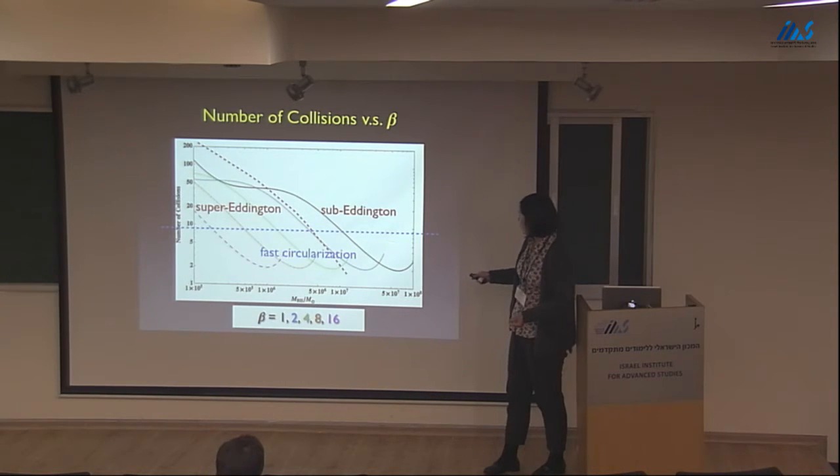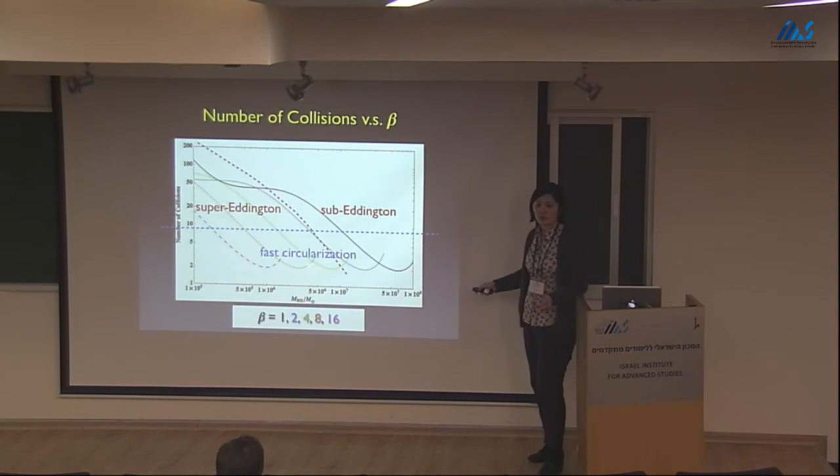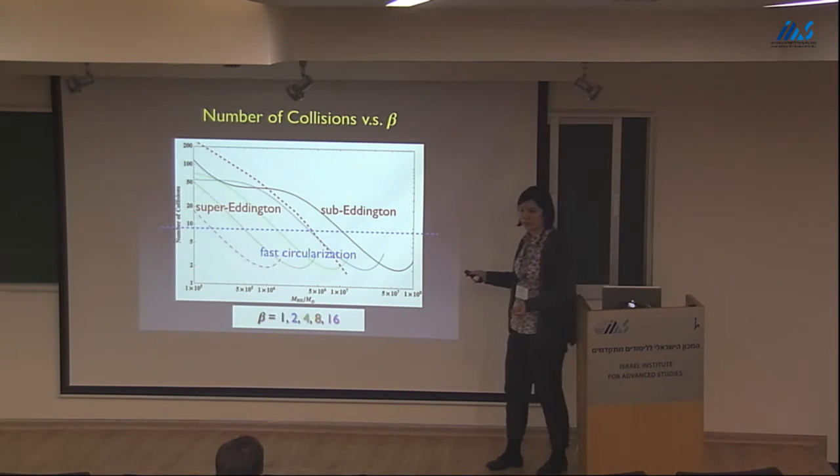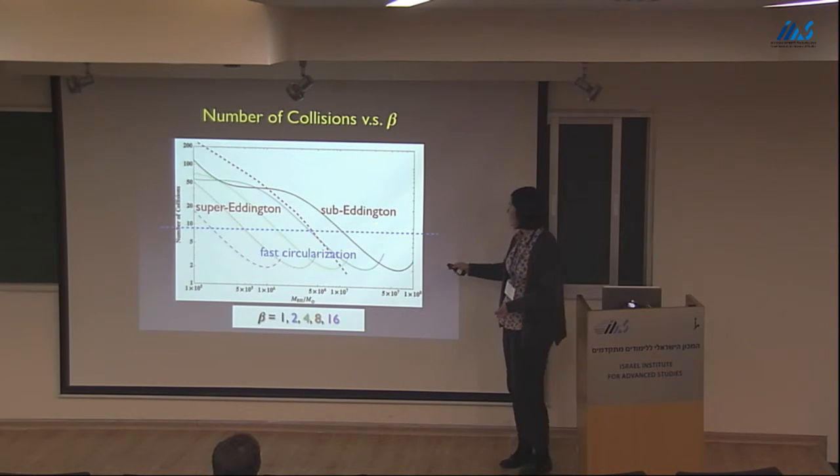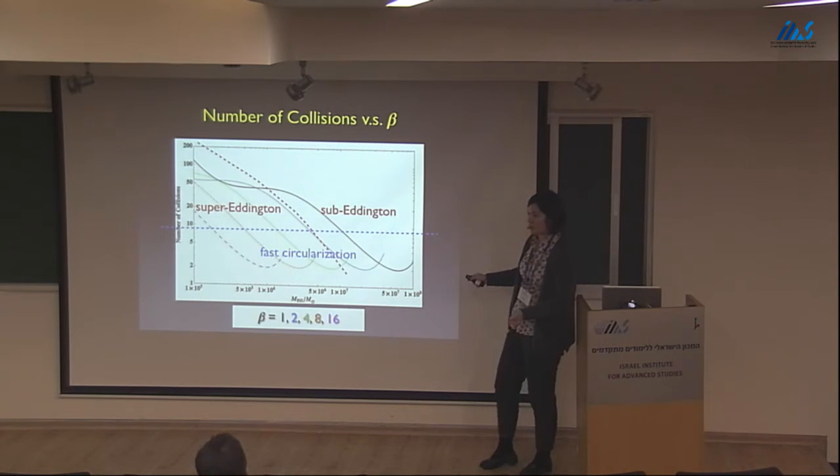So I would say below the blue line, the circularization is going to happen very fast, and above that it is going to be slow, unless some magic things can happen. And to the left of this purple reddish line is the super-Eddington regime, and to the right of it is the sub-Eddington regime.